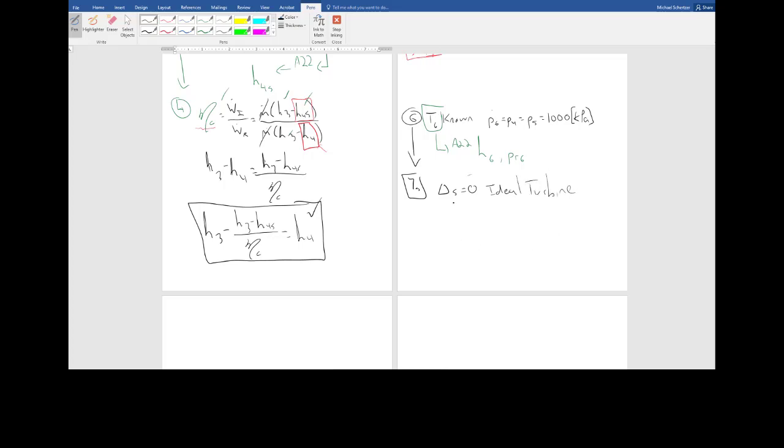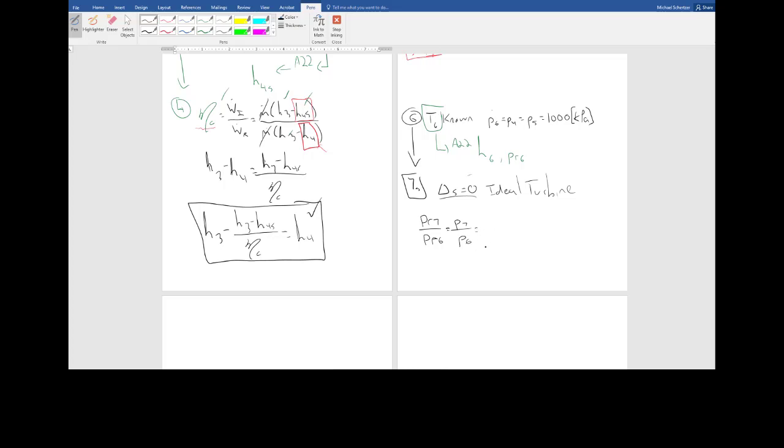Now, that means that I can use my isentropic relationship, the same one that I've been using through the whole problem for variable specific heat: PR7 over PR6, because this is the isentropic relationship. I put the one that I want on the top, is equal to P7 over P6. And here, I don't know that it's explicitly stated.